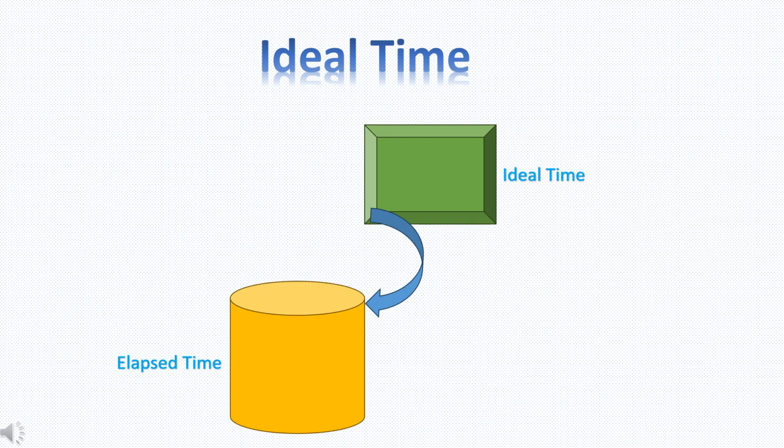So ideal time is a fantasy. It doesn't exist. It is not elapsed time. Eventually, every ideal time estimate will have to be converted to elapsed time in order to account for the normal interruptions that occur during the day, like phone calls, discussions, meetings, breaks, etc.